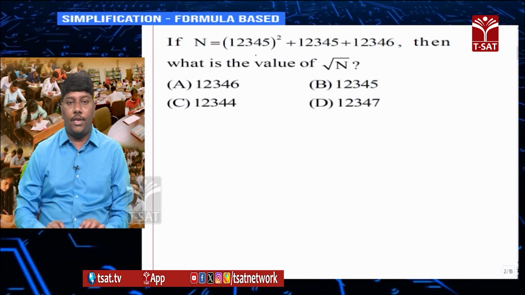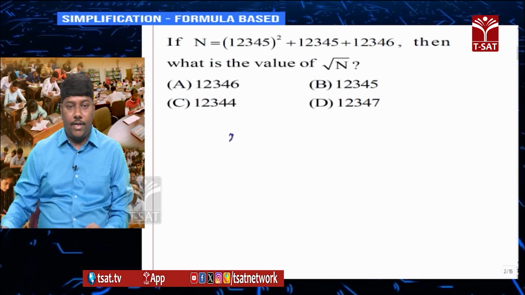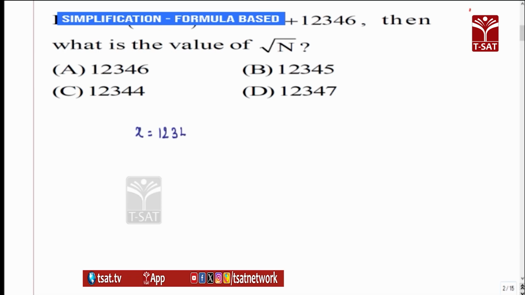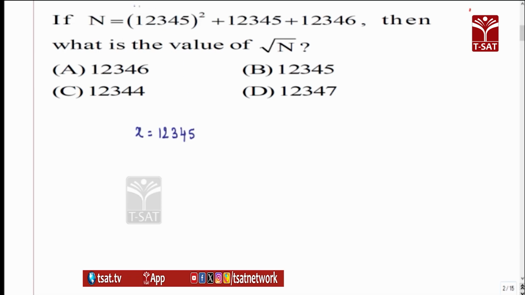So here 12345, if I assume it as x, let x be equal to 12345. So the entire thing becomes what? n is equal to (12345) whole square, which becomes x square. Then 12345 is x.